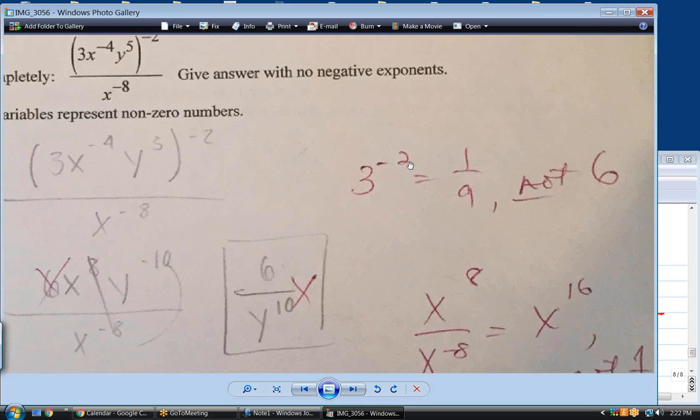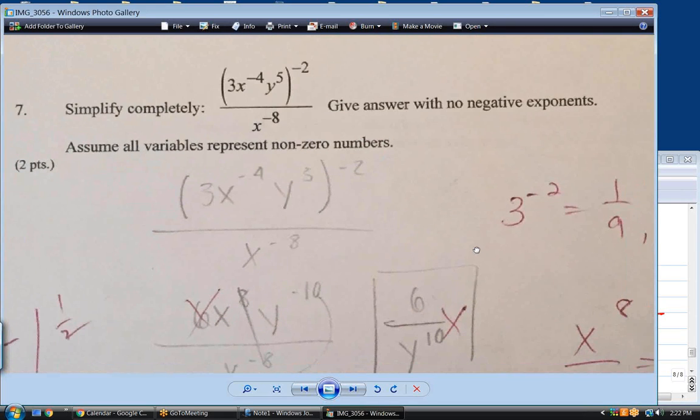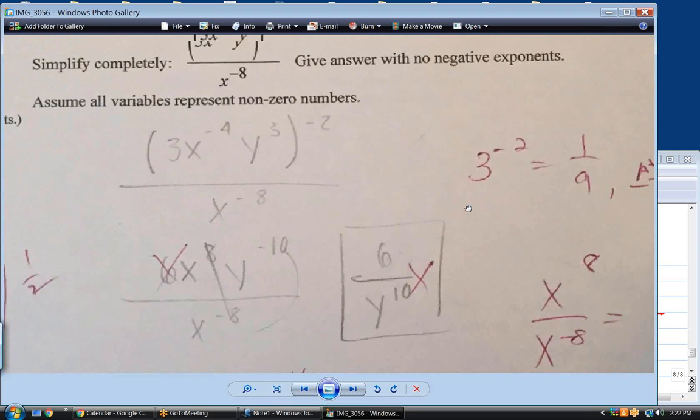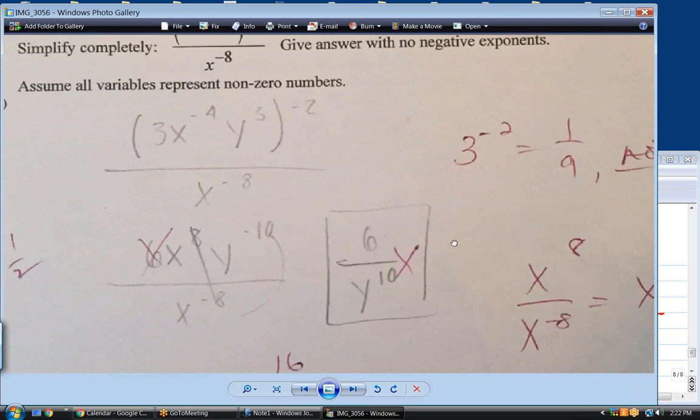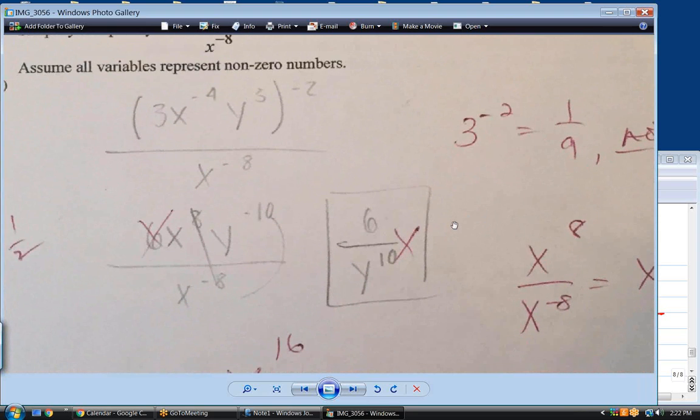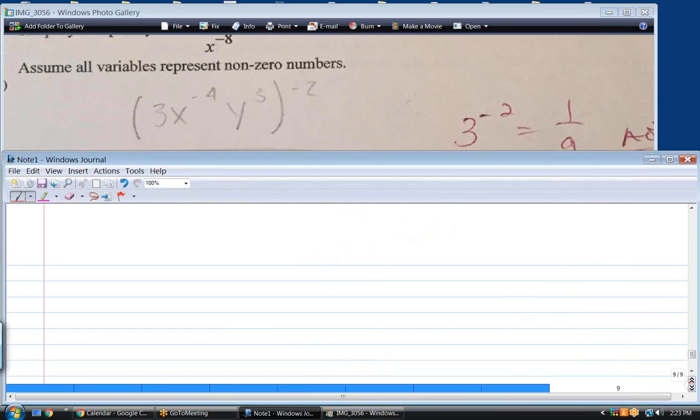I just remember him saying the class before we took this test, make sure you apply the exponent to all that's in the parentheses. Yes. And I always forgot the number in front of like x. There's a big difference between this and this.